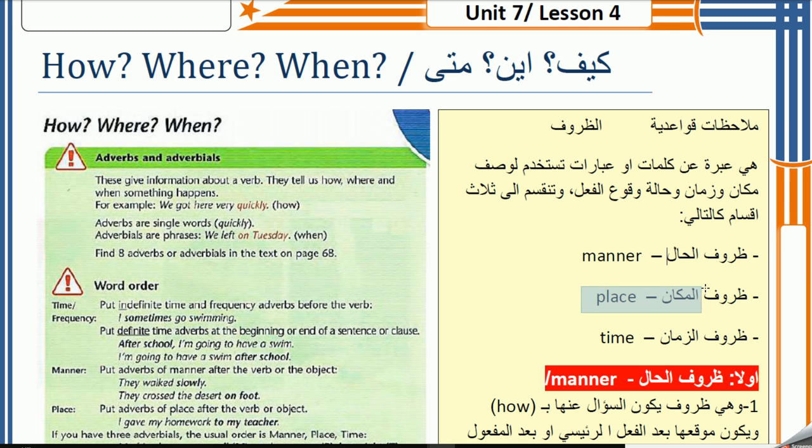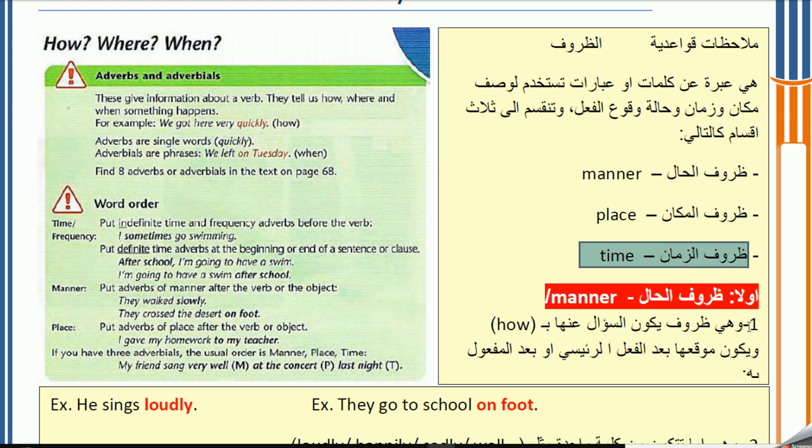Number two, adverb of place. Number three, adverb of time. First, adverbs of manner: we ask about them by how.